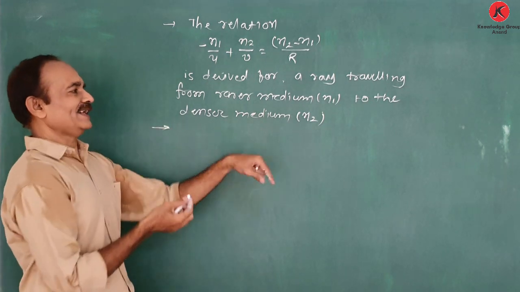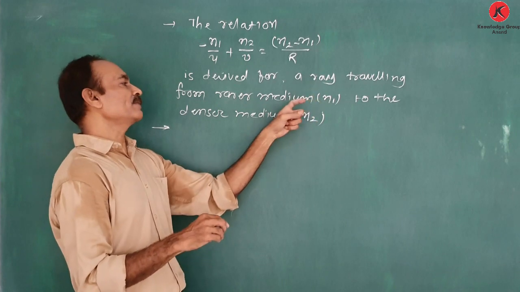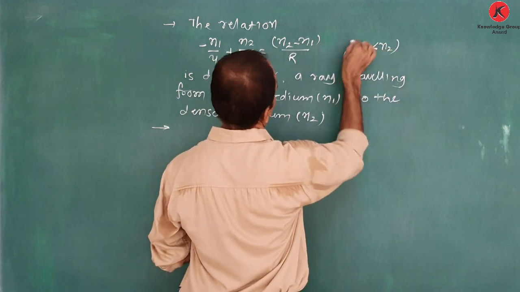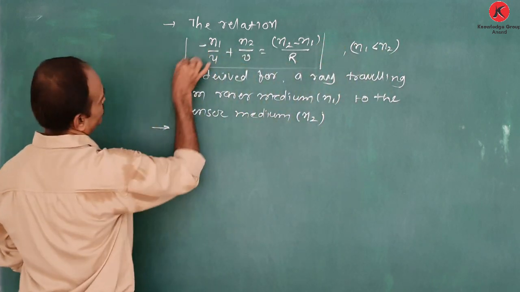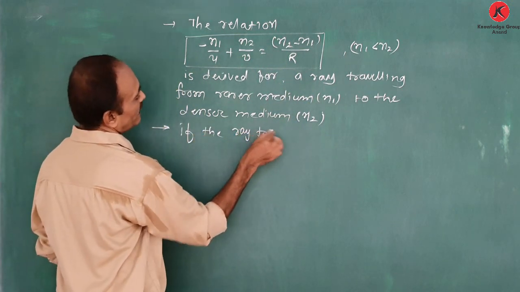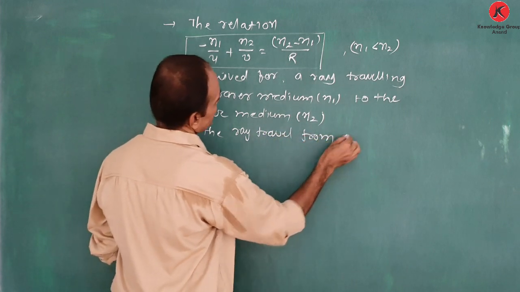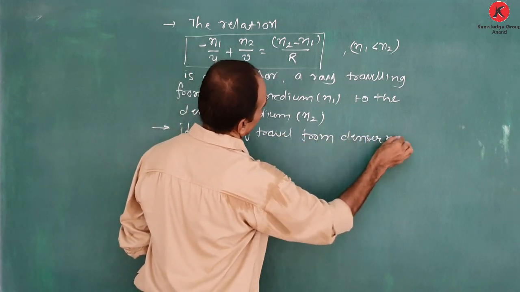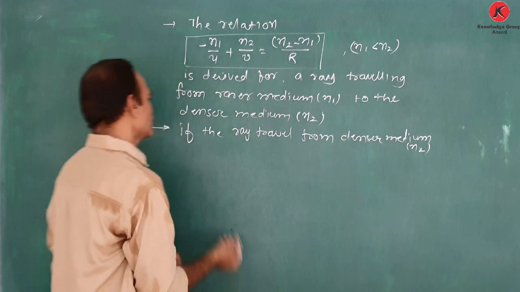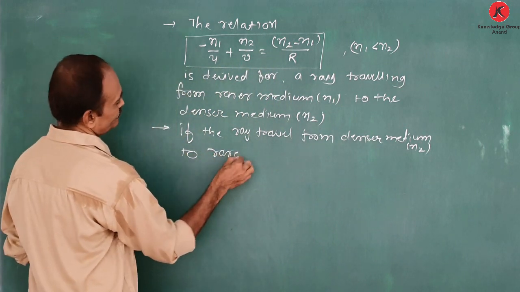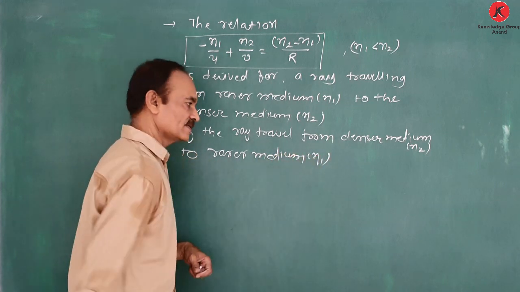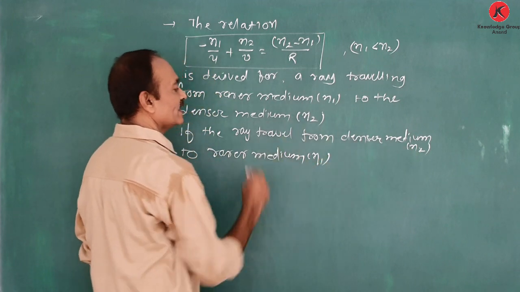Now, opposite to that, consider the ray traveling from the denser medium to the rarer medium. For that case, n2 is greater than n1. The ray travels from the denser medium, having refractive index n2, to the rarer medium having refractive index n1.